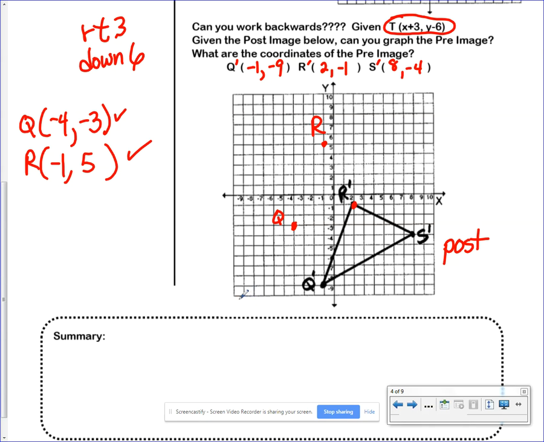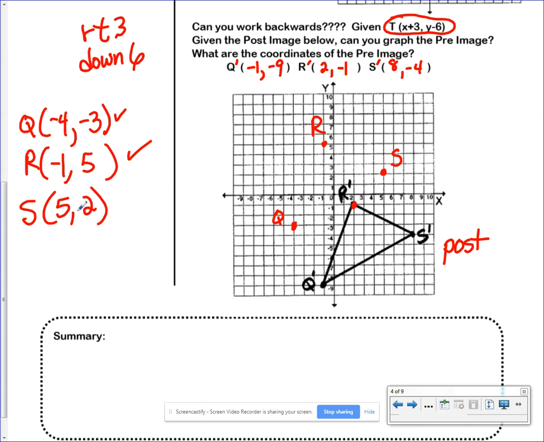Yes. Last but not least, let's find out where S began. My S prime was at 8, -4. All right, we're going to go to the left 3 and up 2, 3, 4, 5, 6. Here's S. It looks like these coordinates are at 5, 2.